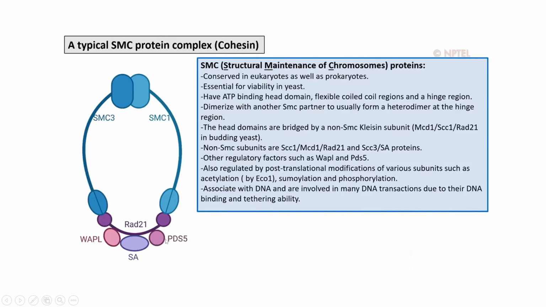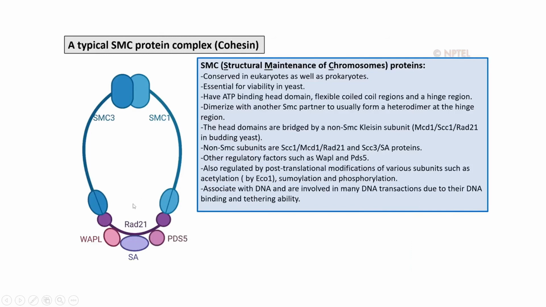These non-SMC proteins mediate the interaction of the two SMC head regions by bridging the two SMC dimers. It is also post-translationally modified by acetylation, by ECO1, an enzyme which promotes acetylation, and also by sumoylation and phosphorylation.